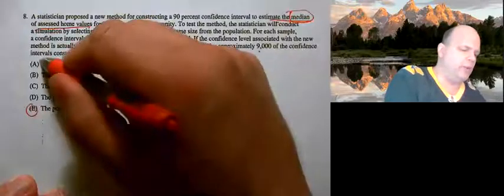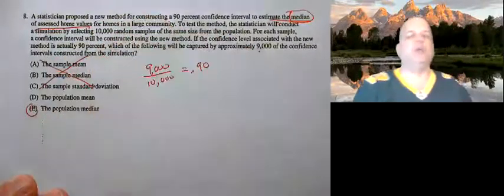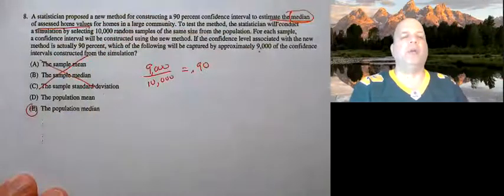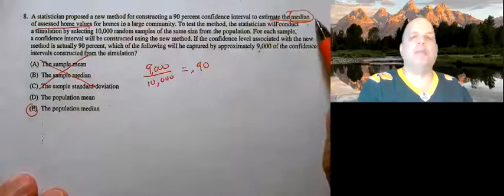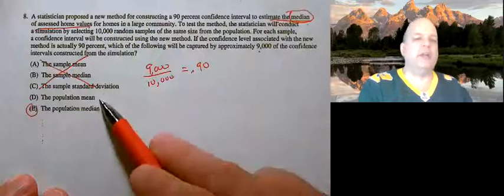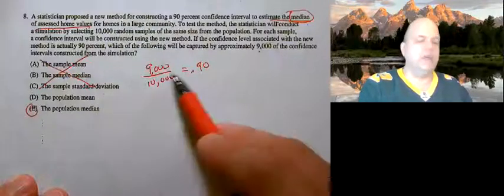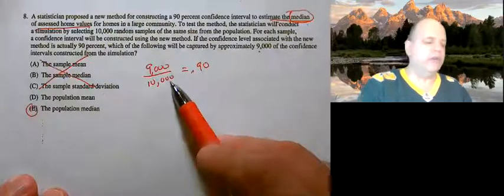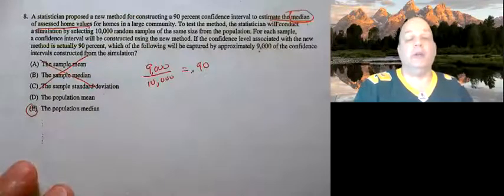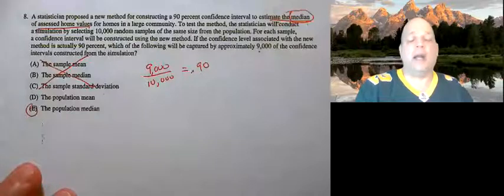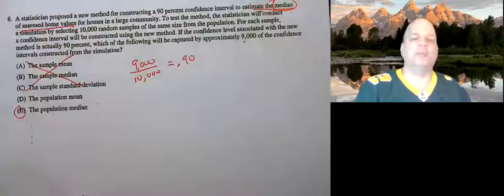We could have gotten rid of the sample because we never make inferences about the sample. It's going to be the population, and it's the population median that they're interested in this time. No, we have not learned how to do this. They've constructed a new method. This is something we don't do, but I guess it's technically possible.